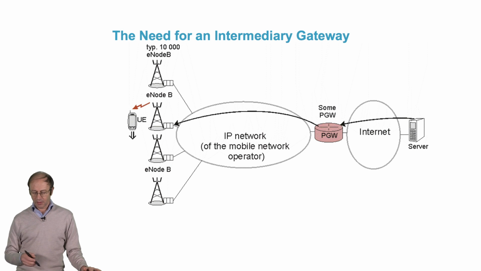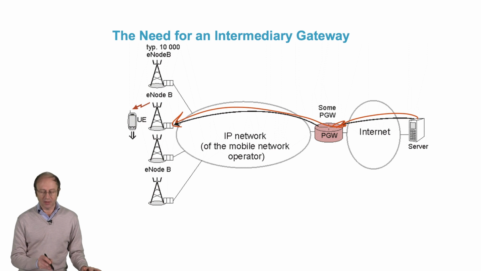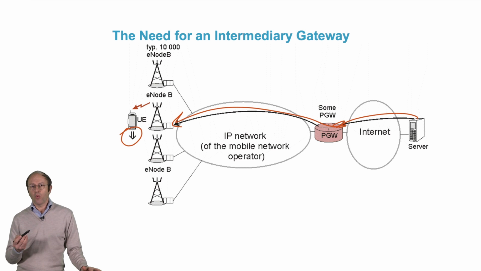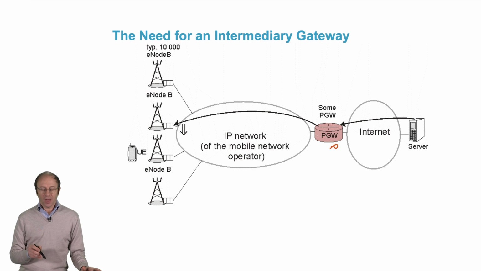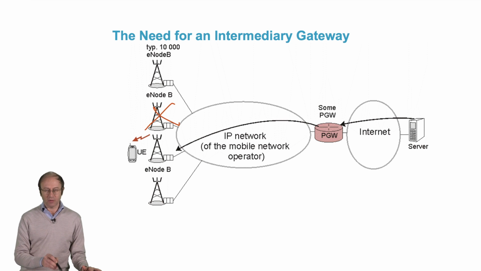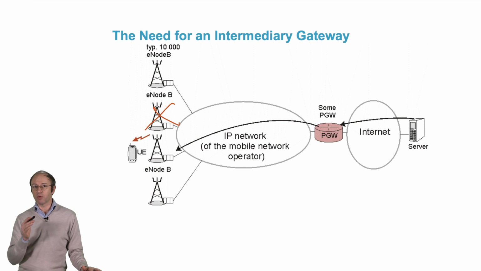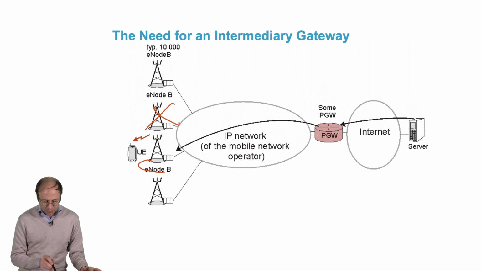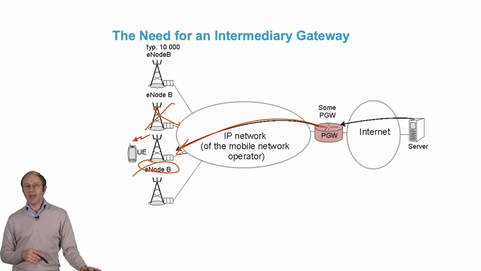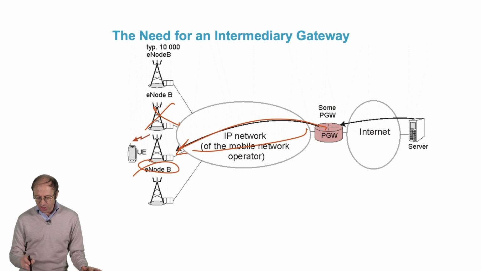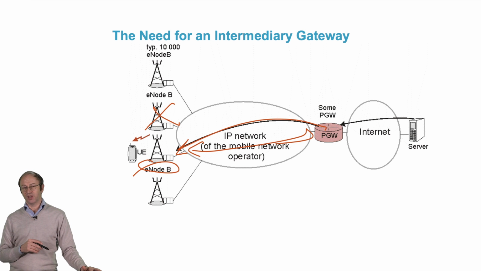If we consider the transfer to a terminal, when this terminal is moving, we can see that we'll have to notify the P gateway and route data not to the former eNode B where the subscriber was before, but to the new eNode B. This rerouting requires the exchange of signaling messages.